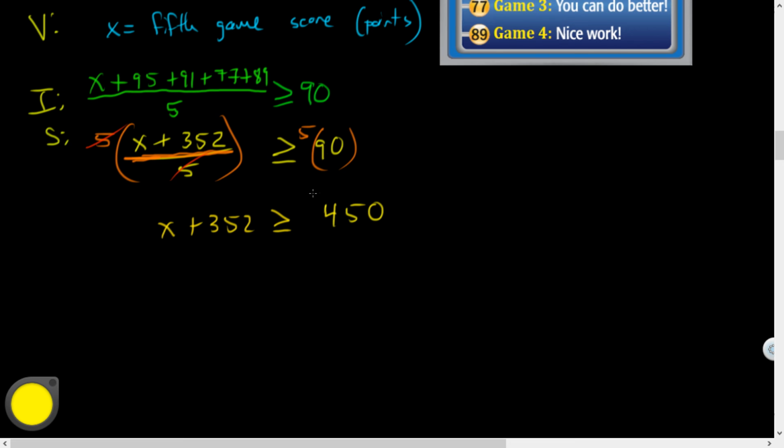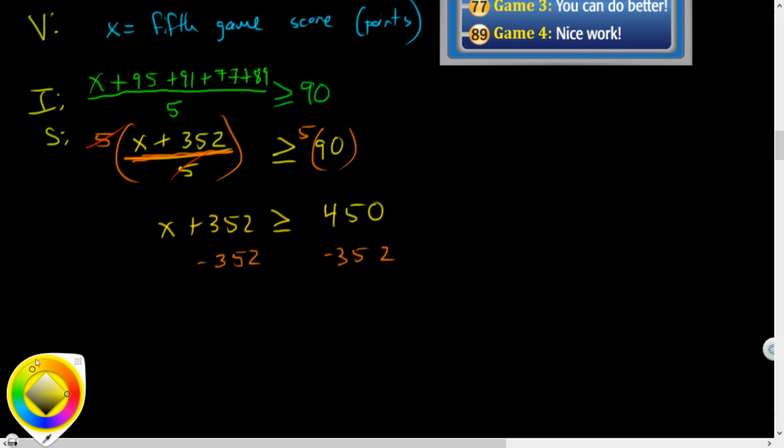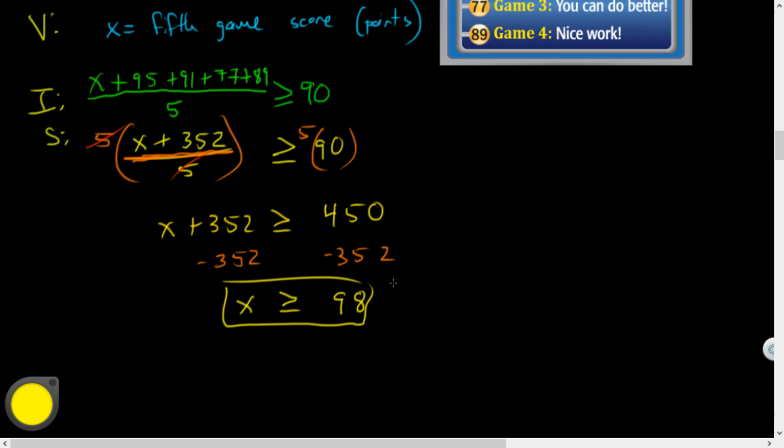And what's my next move, friends? Next move, last move. Yeah, subtract. And let's see, Jimmy with a calculator. Beep boop boop beep. X. Do I have to flip the sign? Yeah, 98.